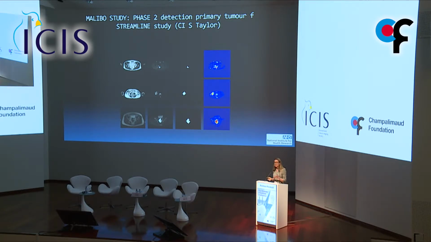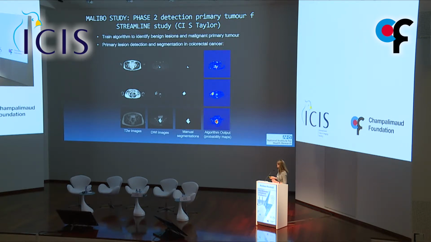So here we have the output in the Streamline study. We've got 3 patients with colorectal cancer. We have the diffusion here, the original manual segmentation here. And here we've actually tested it on a machine learning output, and you can see here the probability map of the cancer. We've superimposed that onto the whole body MRI, and we've put that into a PACS reading platform.